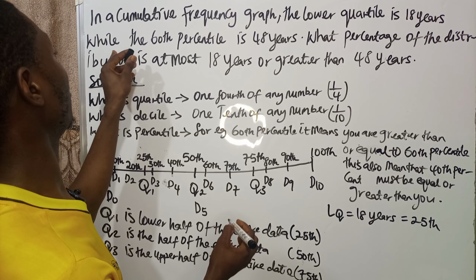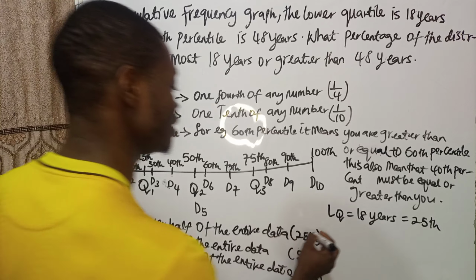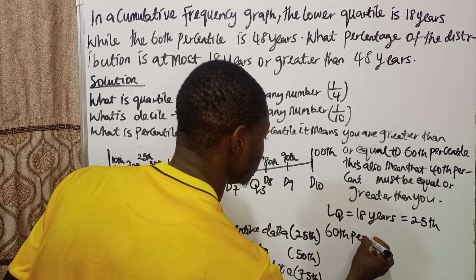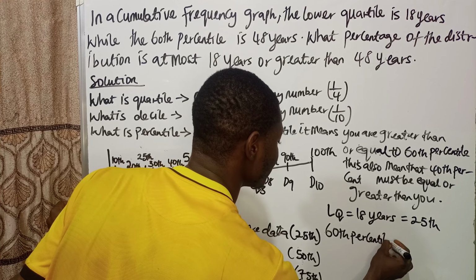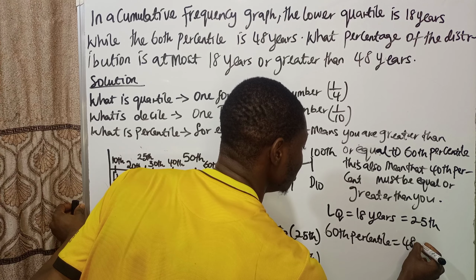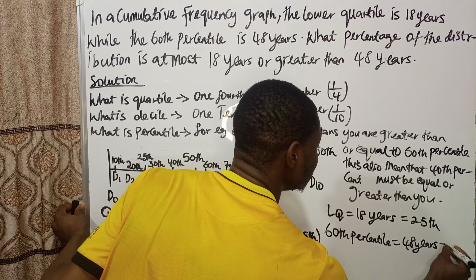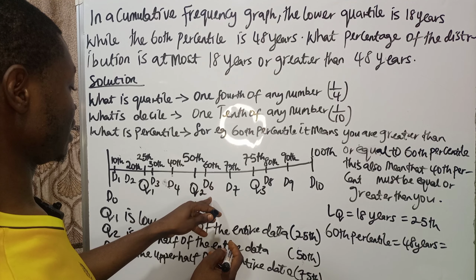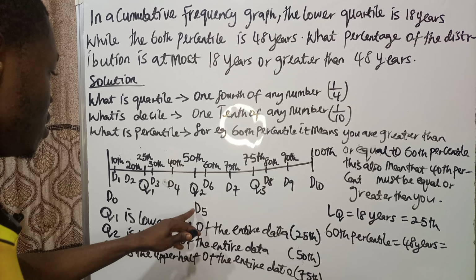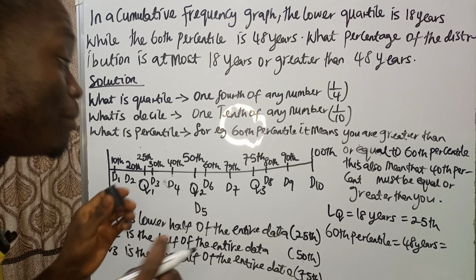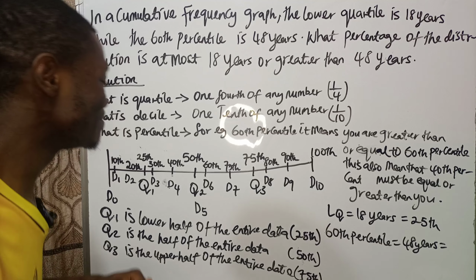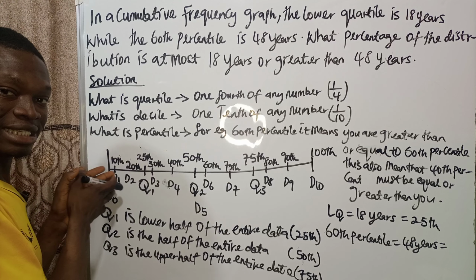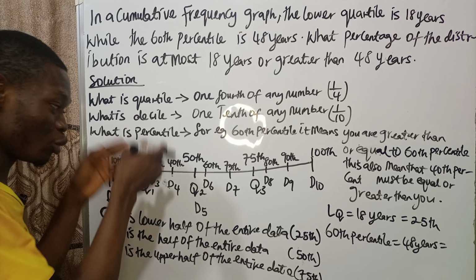Now, the 60th percentile is 48 years. 60th percentile is equals to 48 years, which is equals to what? What does 60th percentile mean? It means that all the people below 60, that 60 is greater than them or equals to them.